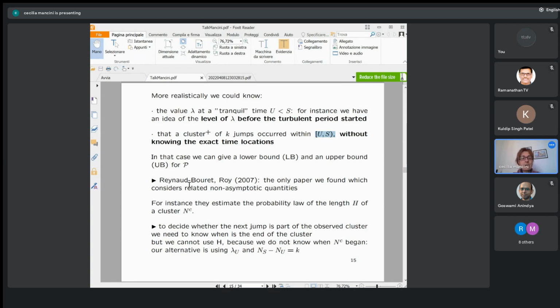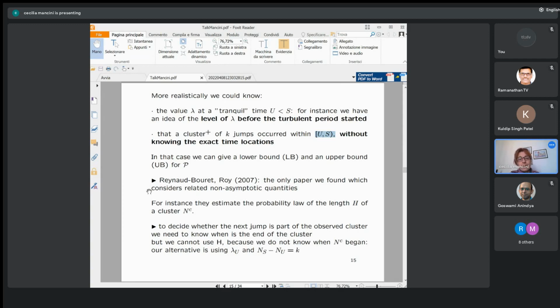I underline that Renault, Boré, and Roy in 2007 also focused, like us, on non-asymptotic quantities about the exponential Hawkes process, a generalization, in fact.